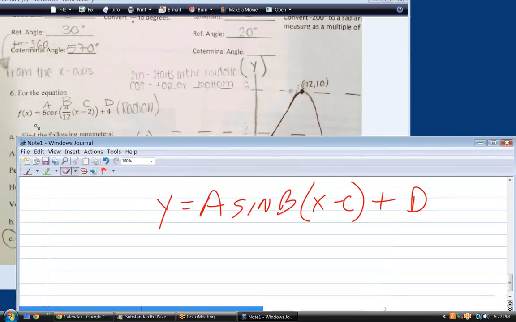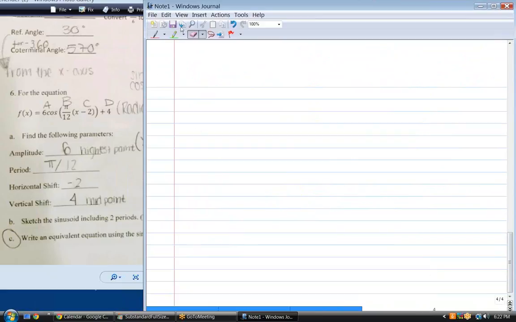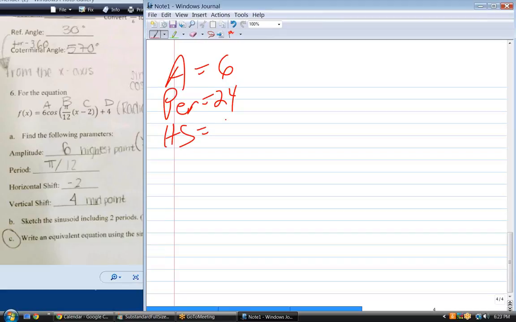And let me show you the way I would graph this. Okay, I've got A equals 6, period equal 24, horizontal shift equal 2 right, vertical shift equals 4 up.